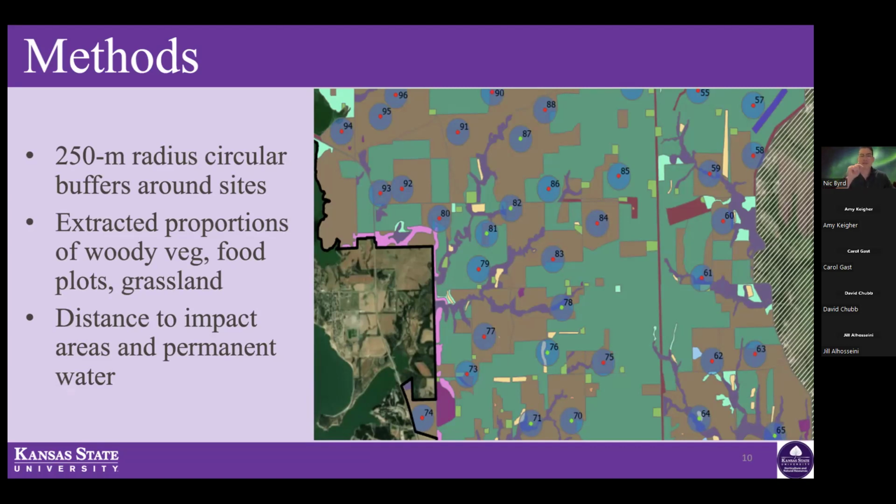And we also measured, centered from our points, Euclidean distance to the nearest impact area and permanent water source. So for example, on the eastern portion where you see the red dot 61, we measured that distance to the nearest impact area, so it would have been to the right, and we did that to the nearest water source to see if these areas were being used more than others.